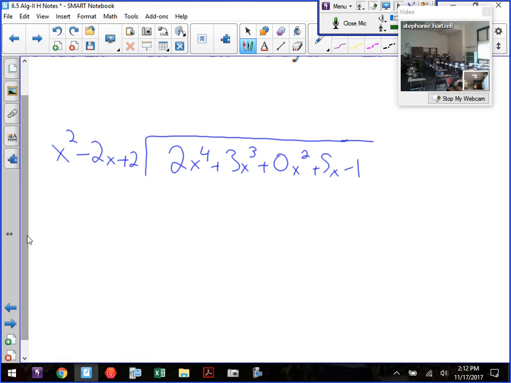What do you multiply x squared by to turn it into 2x to the 4th? 2x squared. Where do you think you're going to place that over? Over the 0x squared. Distribute that through, you're going to get 2x to the 4th minus 4x cubed plus 4x squared.